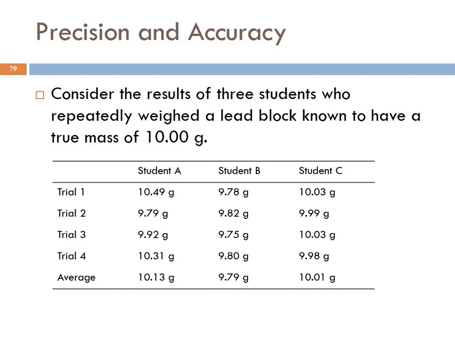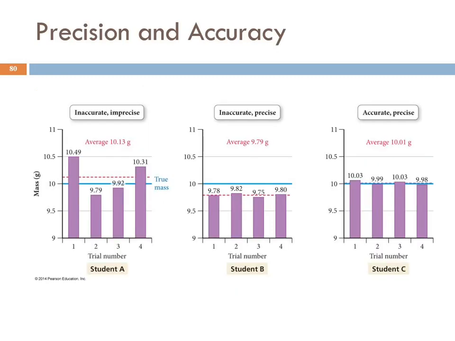And student B and student C. And what's happening here is not that the block of lead is changing mass, but the students aren't very good at weighing it, so that there's error in their results. It's a little hard to look at this table and figure out exactly what's going on. And this is why we often graph things, because it brings it out more visually.